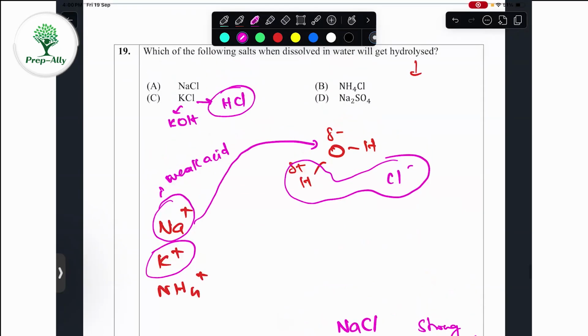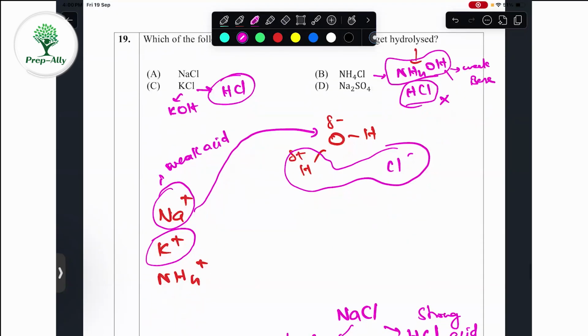But what about NH4Cl? NH4OH and HCl. HCl cannot do. But what about NH4OH? This is a weak base, right? This weak base produces a strong conjugate acid, right?